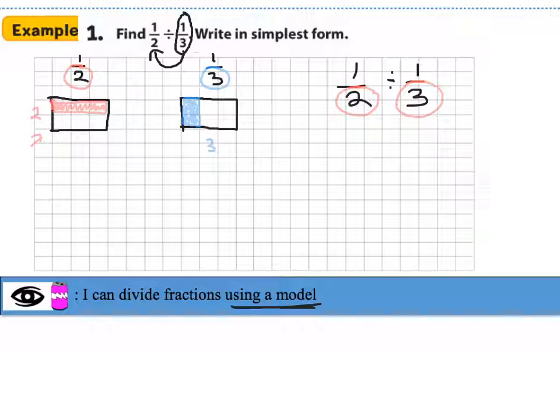So now that I've got my boxes shaded, I'm going to look at this problem, and it says that 2 boxes right here, 2 boxes of blue, form one whole group. So I want to see if these blue boxes can fit into the red boxes. Well, they can, and let's see, this is one group right there, and I don't think I have enough to fit another group, so my whole number becomes 1.